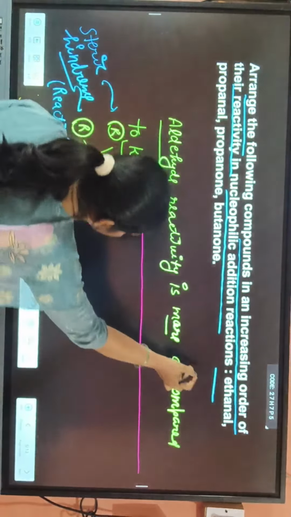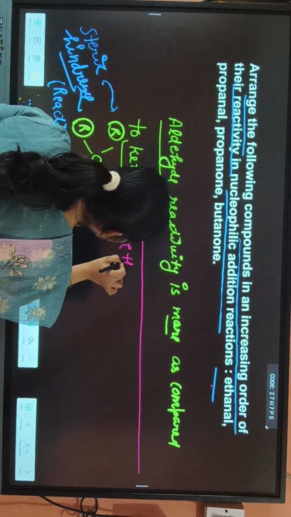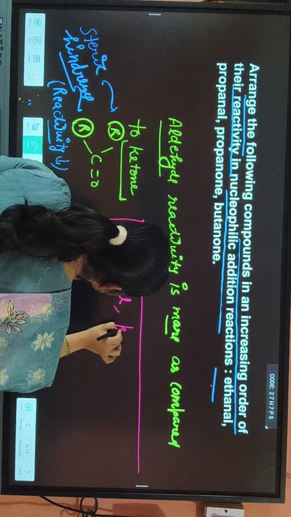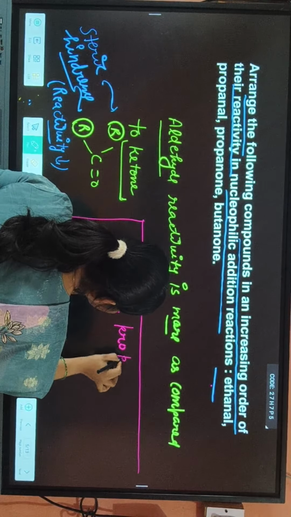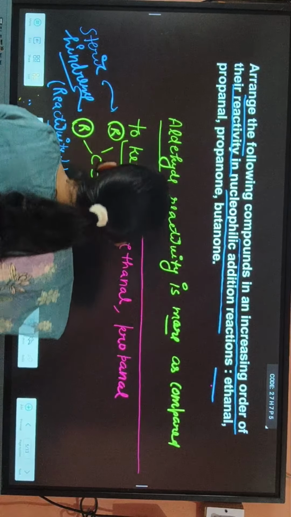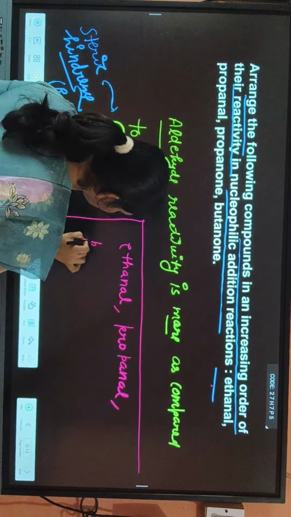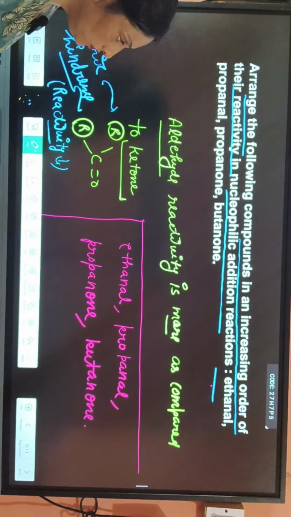Now we are having ethanal, propanal, propanone, and butanone. We need to tell the increasing order. Which one has the smallest size? That will be the most reactive.